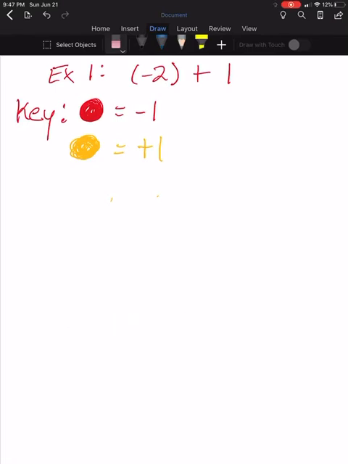All right, so let's do another problem. We're still going to keep the same key, so let's do negative 3 plus positive 3. All right.